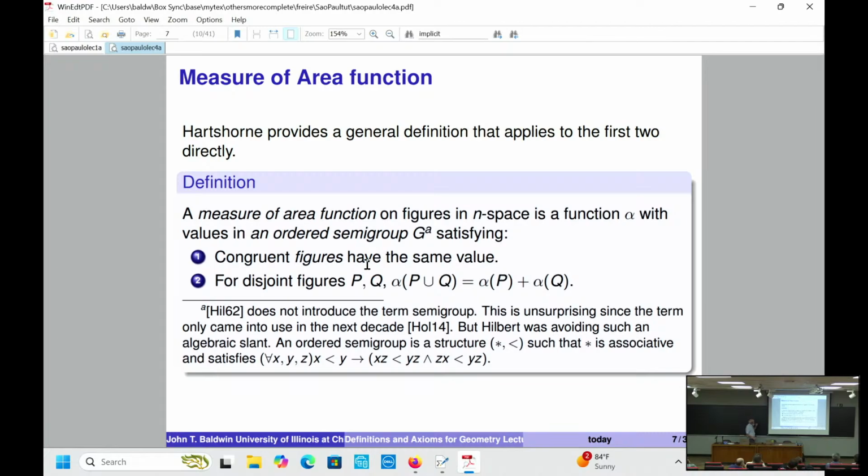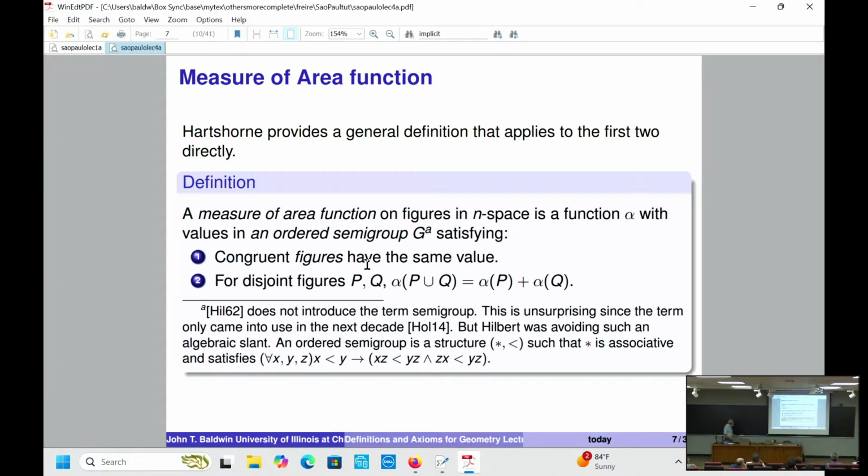An area function is a function from figures to some ordered semigroup, because congruent figures have the same area, and the area of 2 intersecting figures is the sum.